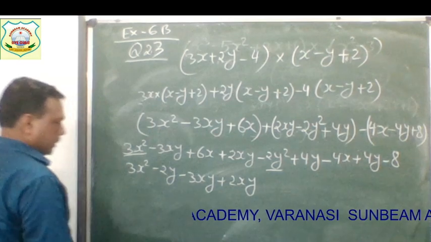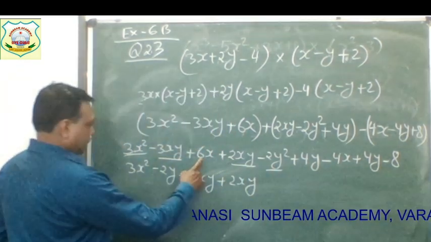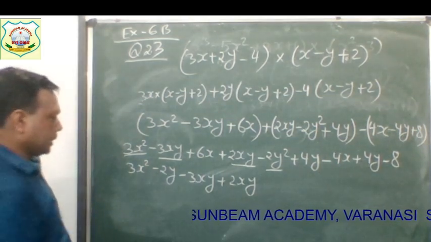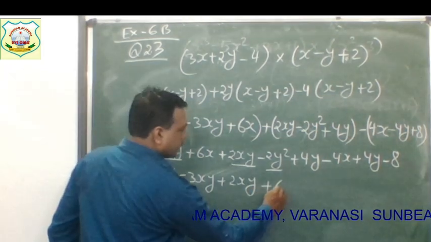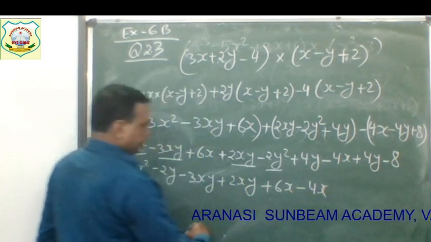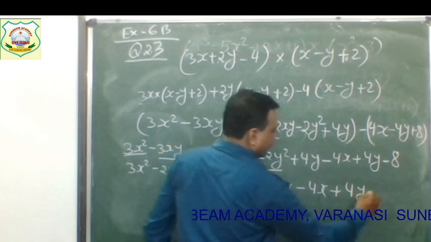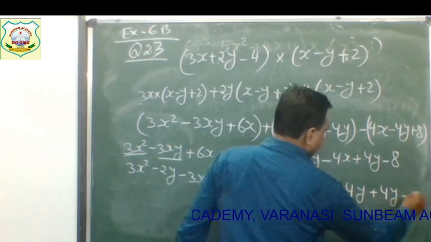I think they are two terms. Plus 6x is here and minus 4x, two terms. Now plus 4y and plus 4y, minus 8.